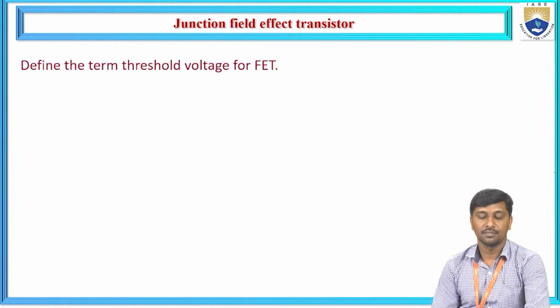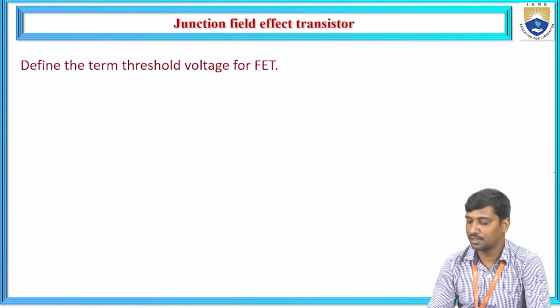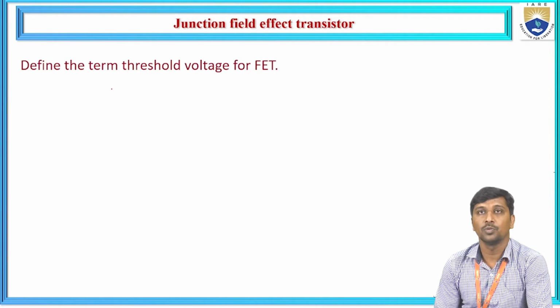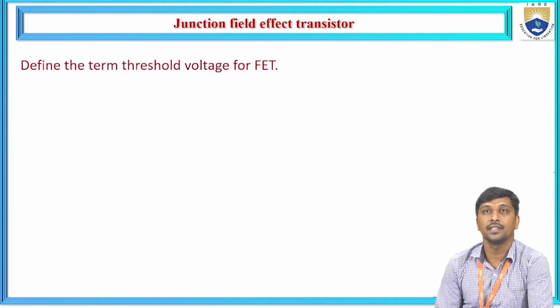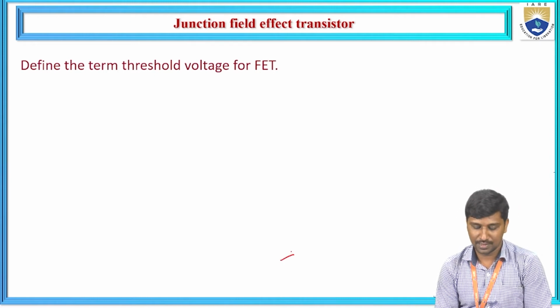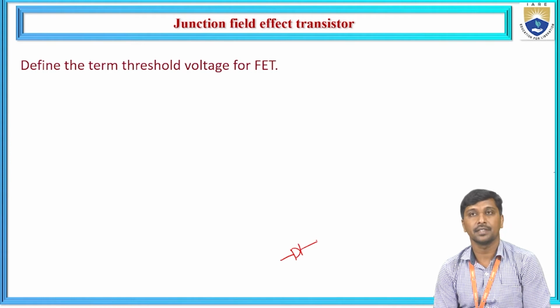Now define the term threshold voltage for FET. What is the threshold voltage? What is the need of this threshold voltage? Let us consider a normal PN junction diode. We need to identify at which voltage this diode becomes conducting.